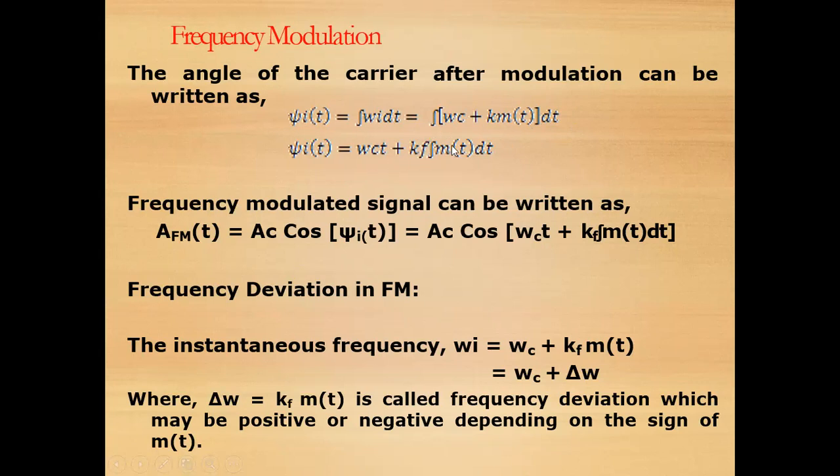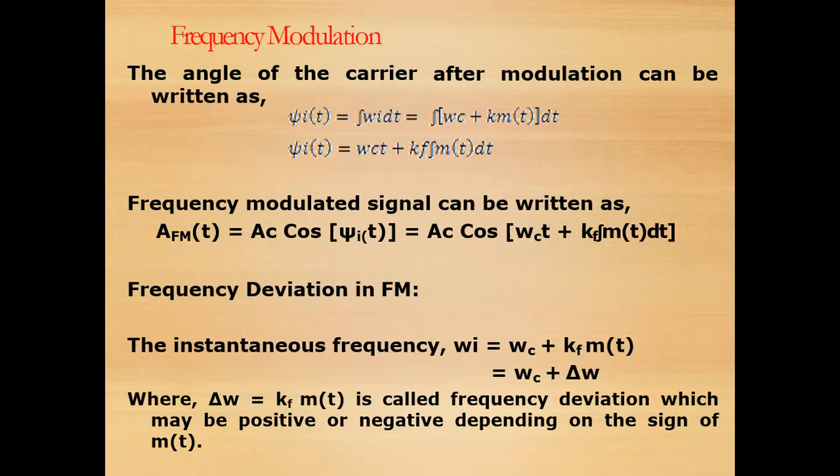Omega c is constant, so I am taking it outside, and for 1 the integral is t, so omega ct plus kf integral of m of t. We all know m of t represents our message signal. Then the frequency modulated signal can be written as AC cos(omega ct plus kf integral of m of t dt). So this is the modulated equation of frequency modulation.